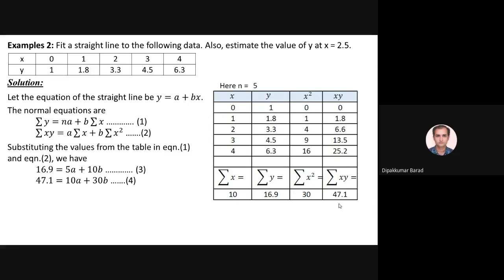Now try yourself and find out a and b. You have two equations and two unknowns.